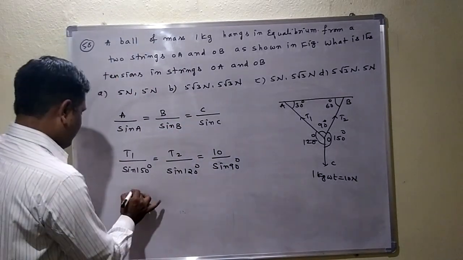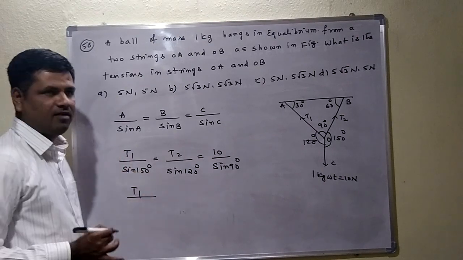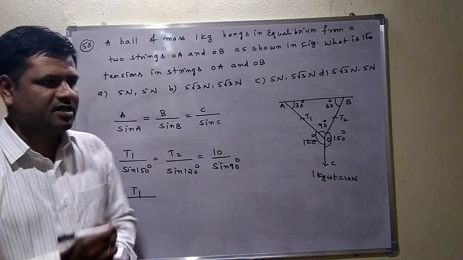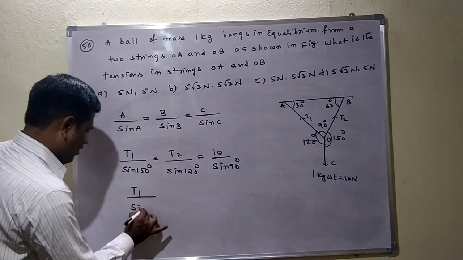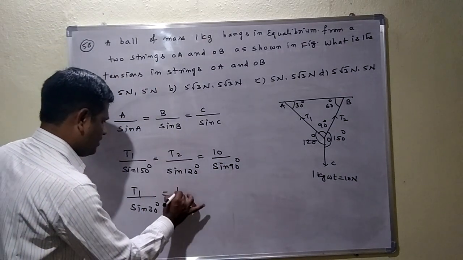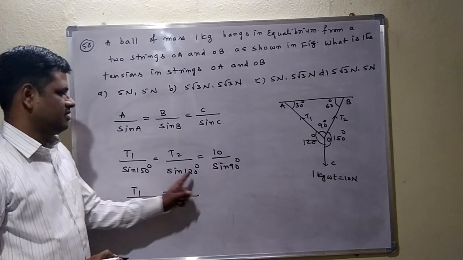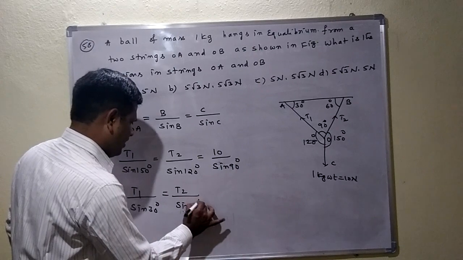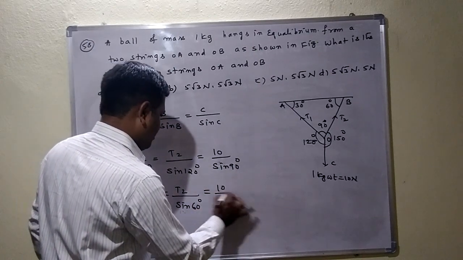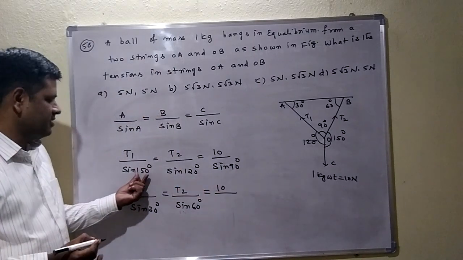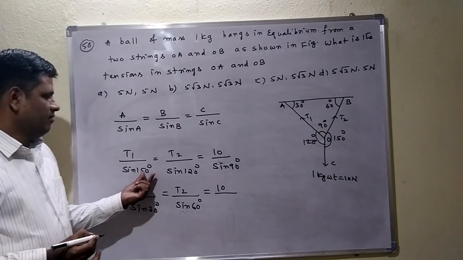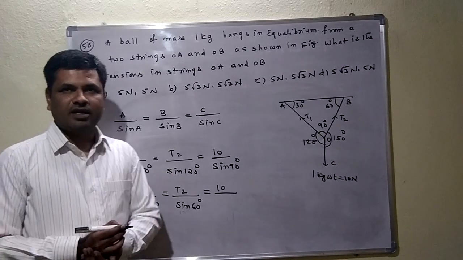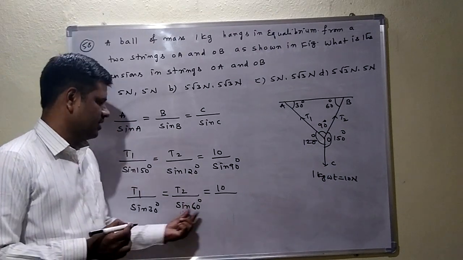Now T1 by sin 150. Sin 150 means sin(180 - 30), which gives sin 30. So T1 by sin 30. Similarly, sin 120 is sin(180 - 60), so sin 60.